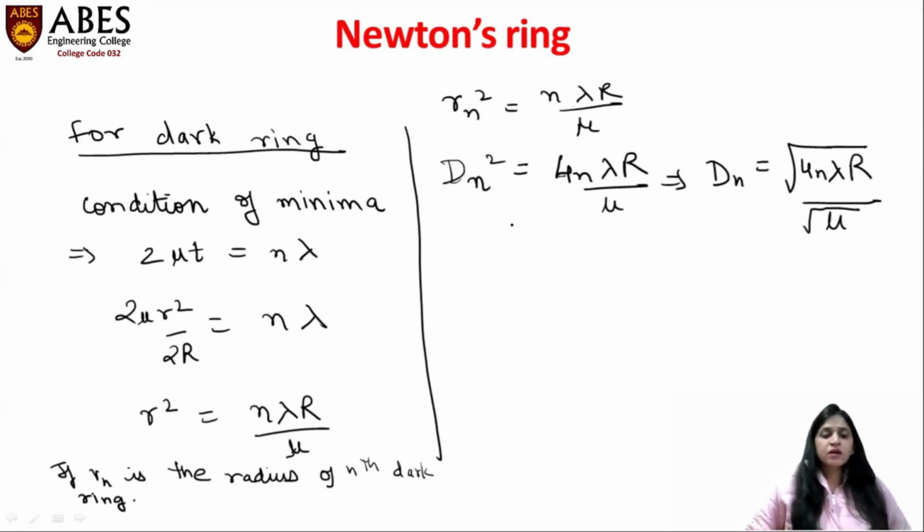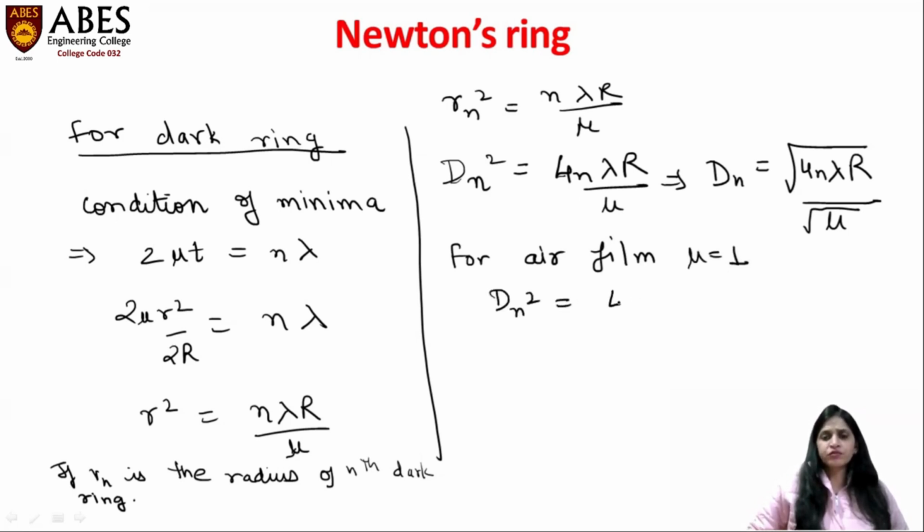From here we can see that the value of mu for the air film is 1. So for air film, mu is 1, and Dn square will be equal to 4n lambda R, or Dn is equal to k under root n.